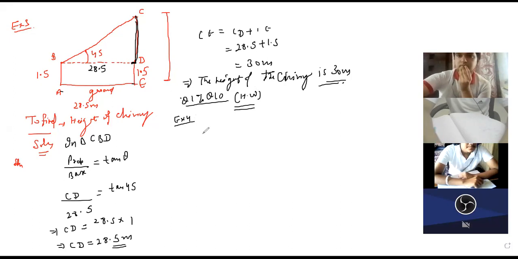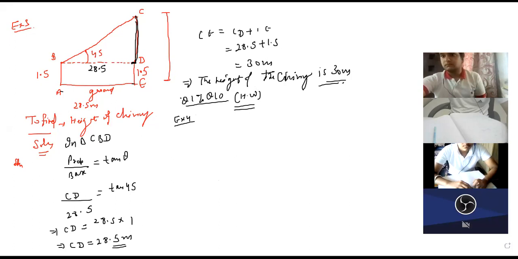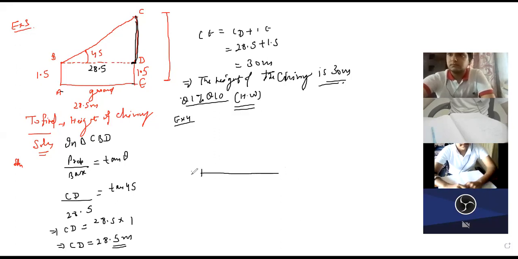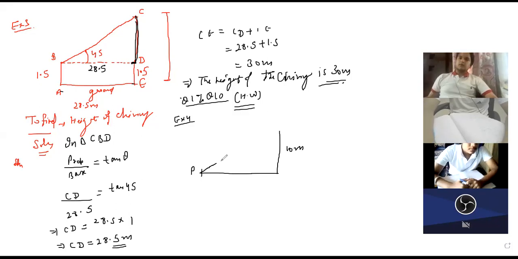From a point P on the ground, see, figures are very important. This is the ground. There is a point P on the ground. The angle of elevation of the top of a 10-meter tall building is 30. So there is a building which is 10 meters tall, and this angle of elevation is 30.